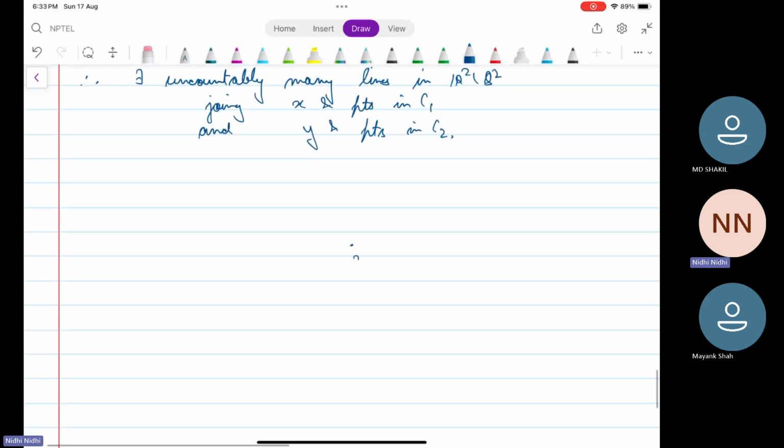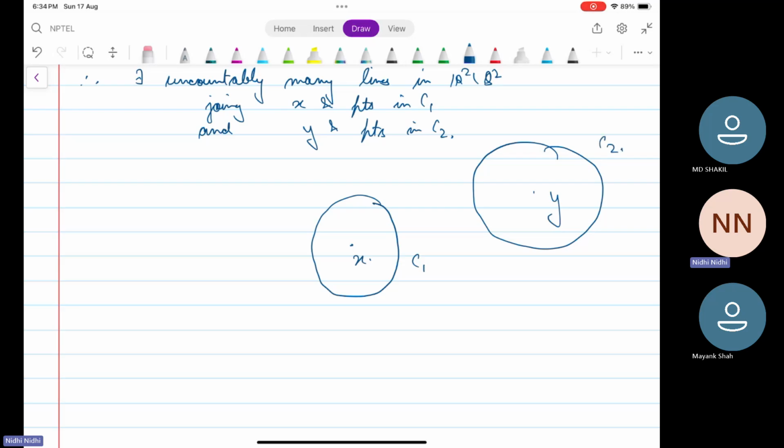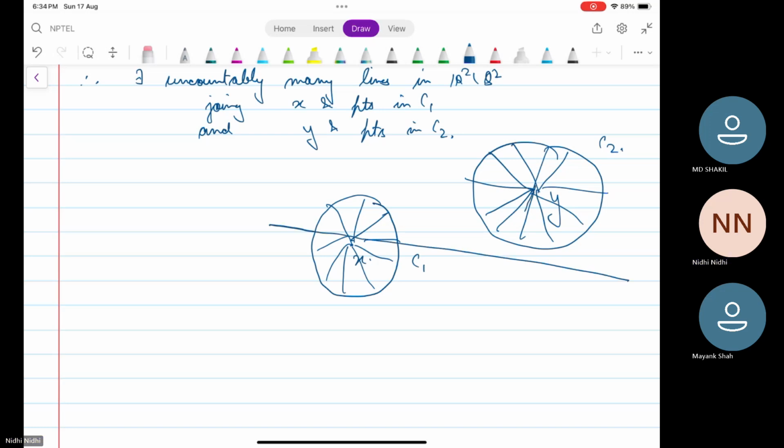That means this is x, this is C1, this is somewhere y, and this is C2. We have uncountably many lines like this, which are completely in our space X. Now, if I extend these lines, we can find uncountably many lines which will eventually intersect.